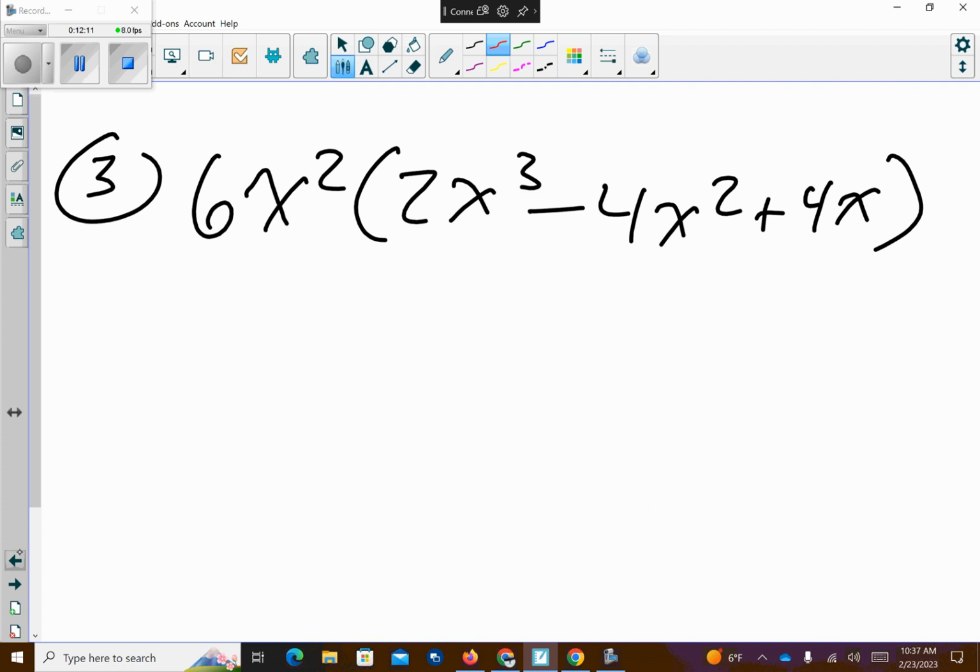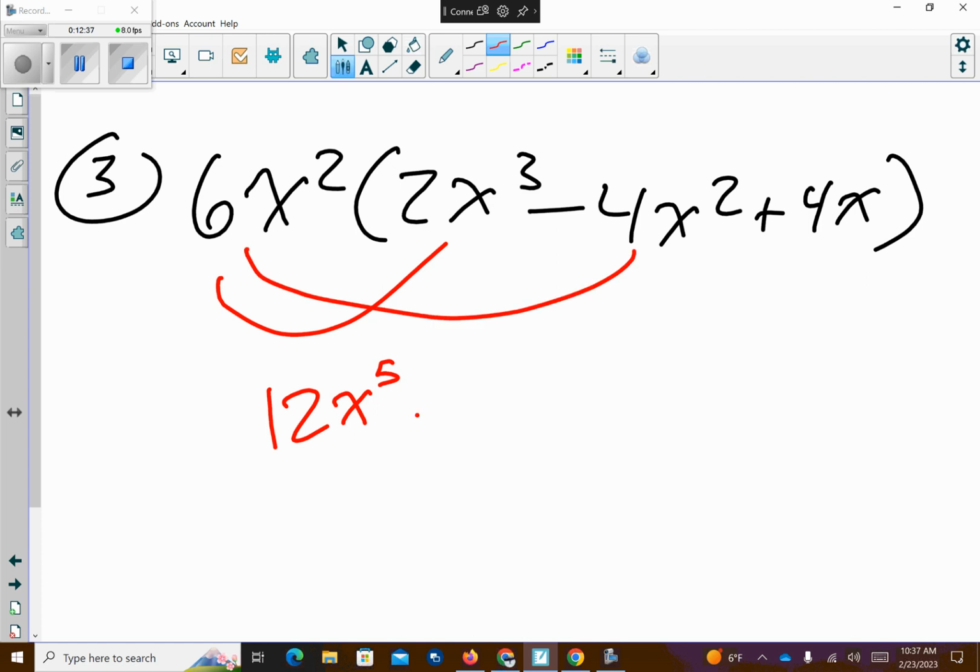Okay, problem number 3. Big old distributive property, right? So numbers get multiplied together, but exponents get what? When we're multiplying bases, what happens to the exponents? Add them, good. So multiply here, 12. Add the exponents, 12, x to the 5th. That's 2 plus 3.